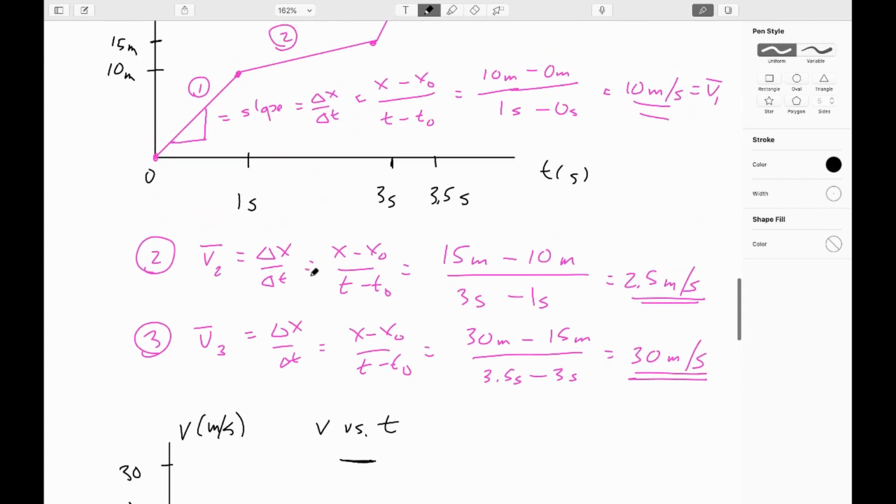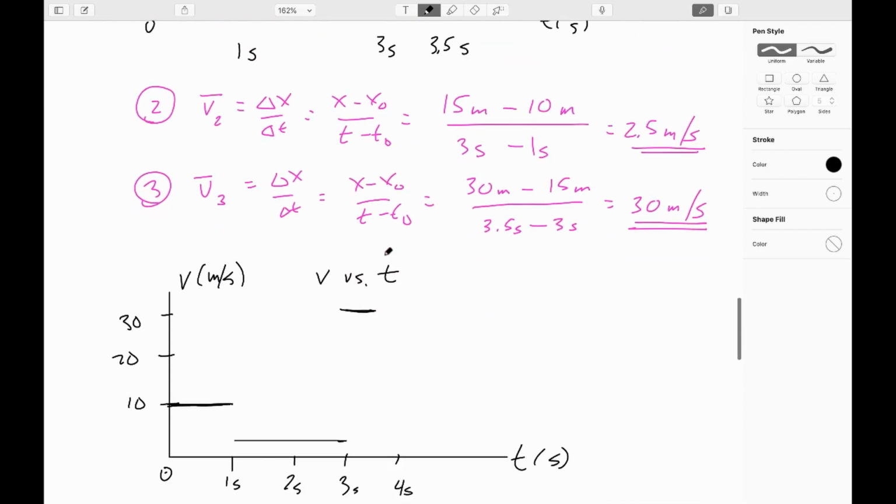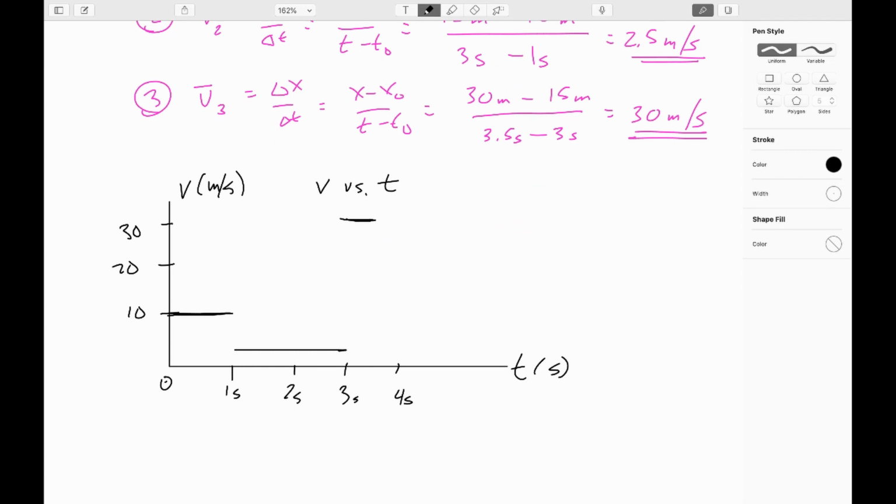And that's because I could have all these same slopes, say if this were shifted up by 10 meters. I would have a whole other curve that follows the exact same shape, has all the same slopes. So if I have a position time graph, I can always get the velocity time graph.